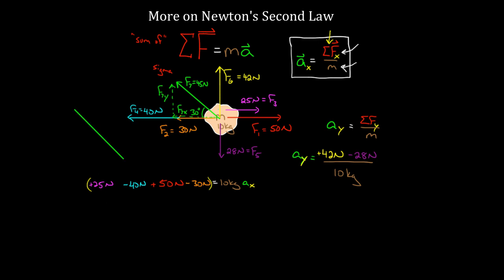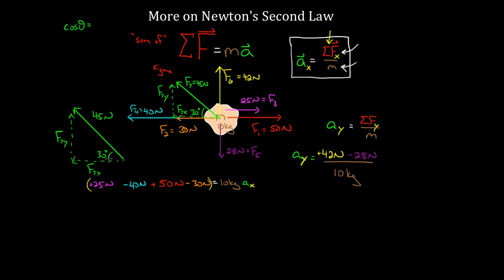So if this side is 45 newtons, I'm just going to make it bigger over here, then this side would be the adjacent to this 30 degrees, this F7 in the x direction, and this side would be the opposite to that 30 degrees, so that's F7 in the y direction. Now we use sine and cosine. Let's use the definition of cosine. The cosine of theta is going to be the adjacent over the hypotenuse.